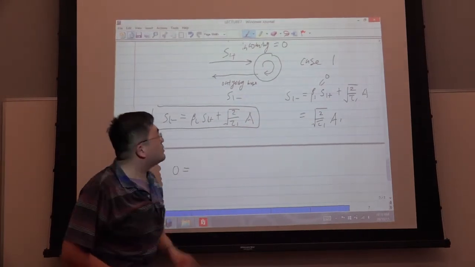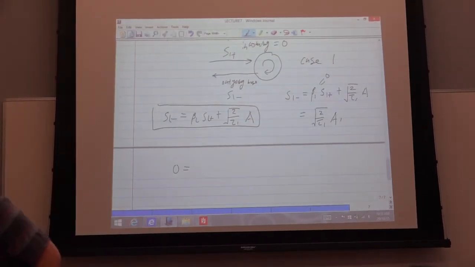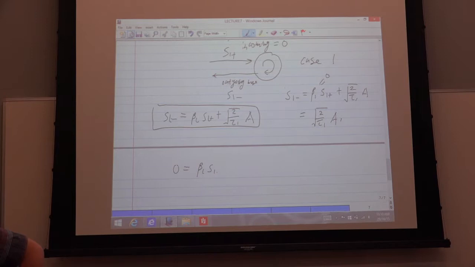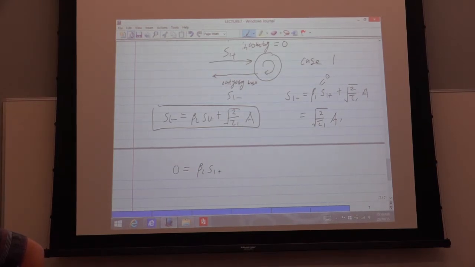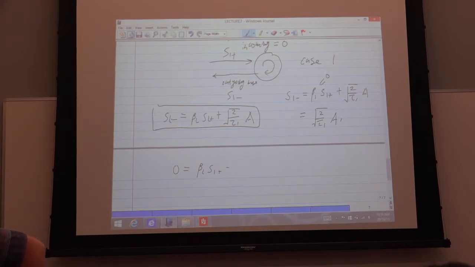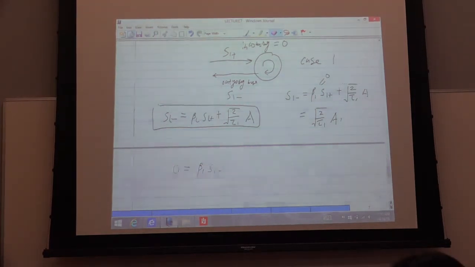Okay, SL1 equals 0, and beta 1 S plus equals, so outgoing.